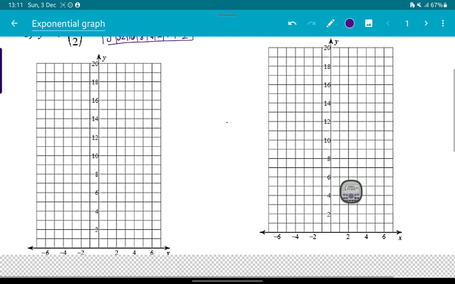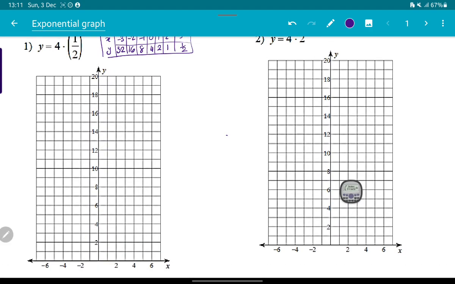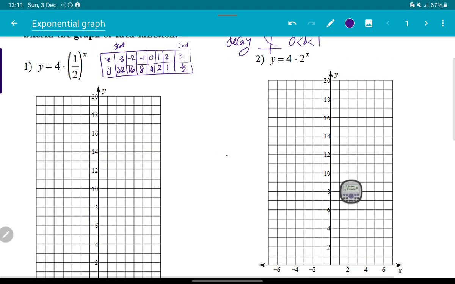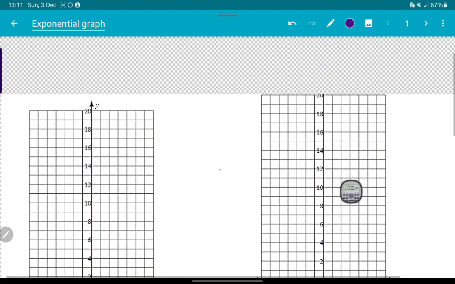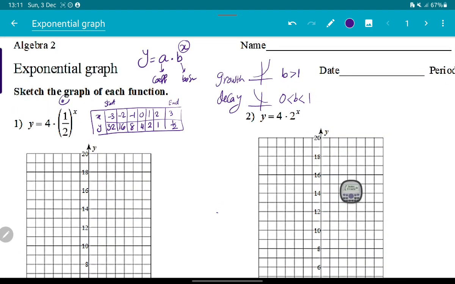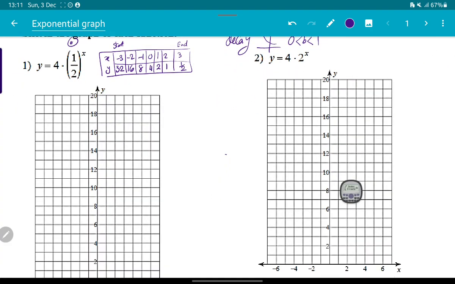At -3 it's 32. It's out of our range, so we can estimate the value for this, -1, -2, -3. So this -3, we can estimate that it's here, and you can ignore this point.